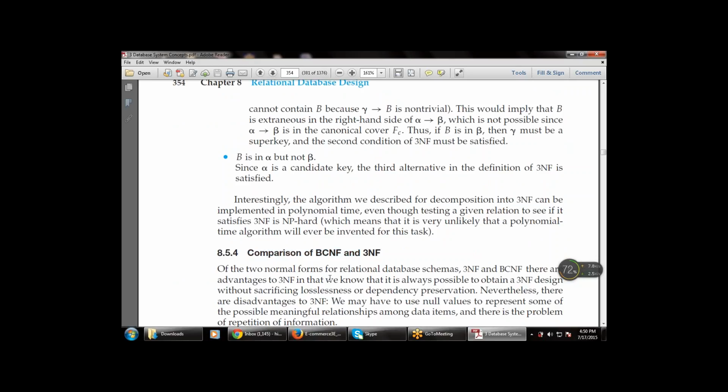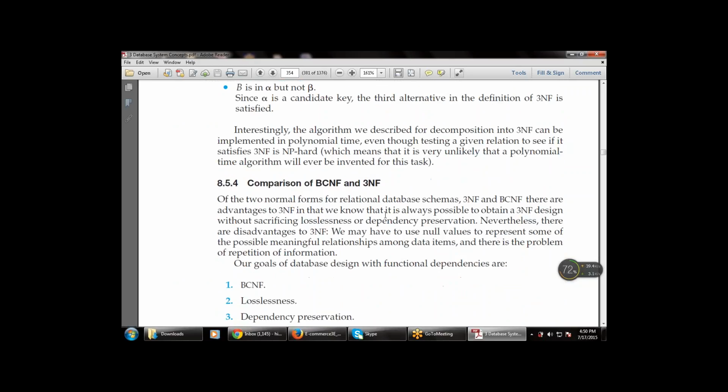Now next is the comparison of BCNF and 3NF. Of the two normal forms for relational database schema, 3NF and BCNF, there is an advantage of 3NF in that it is always possible to obtain a 3NF design without sacrificing losslessness or dependency preservation.